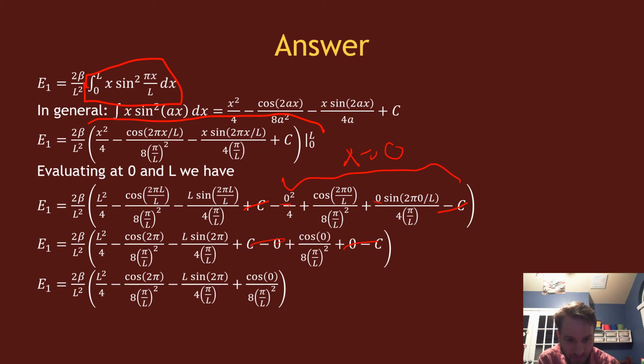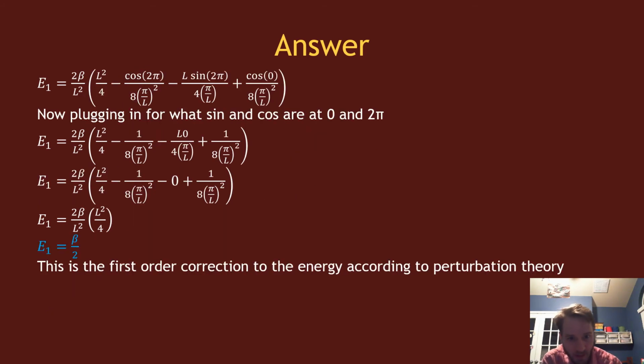Then kind of simplifying this, we get this expression down here. And then all we have to do now is plug in what cosine of 2 pi is, sine of 2 pi, and cosine of 0 is. Sine of 2 pi is equal to 0, so this term goes away.